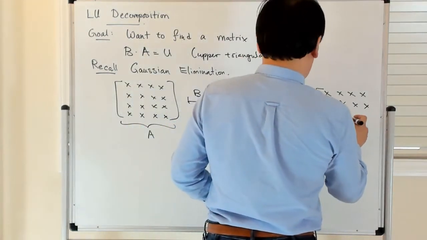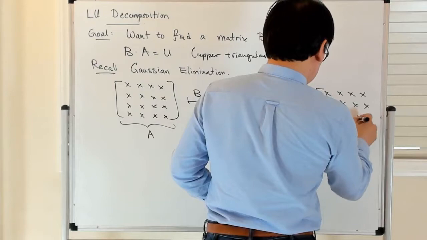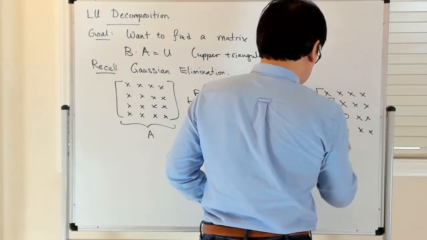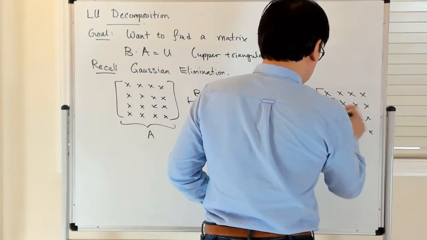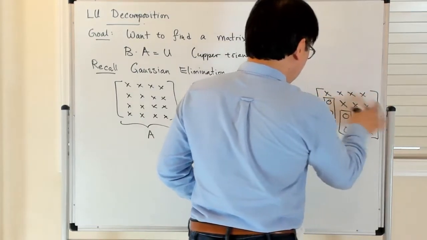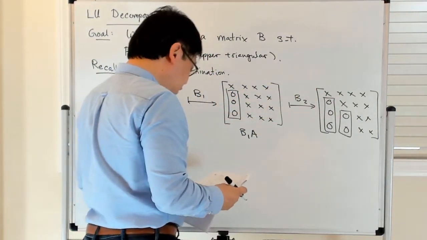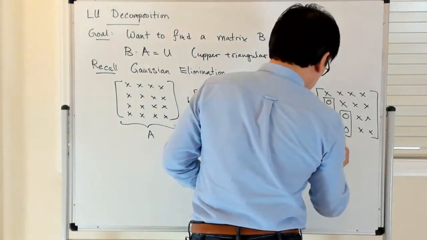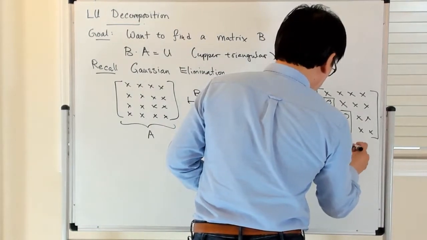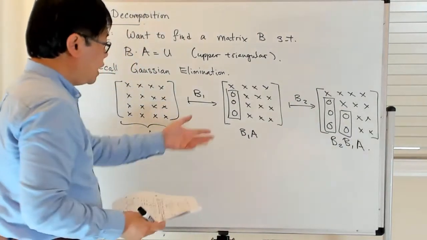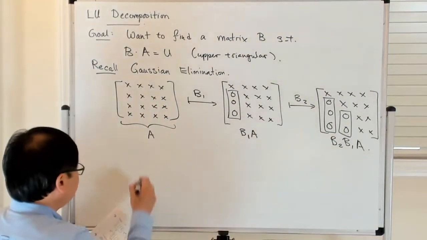All right, so this is going to be 0, 0, and then this stuff, I don't know what happens. Okay, so this is 0 below the diagonal, this is 0 below the diagonal. And then these x's, in the same spots, could potentially be different values. That's not the point here. Okay, so this is B2 times B1 times A. And then you do that one more time now with some sort of B3.